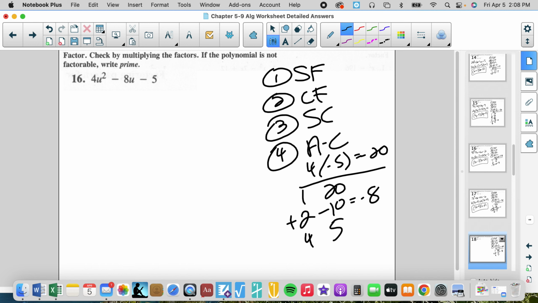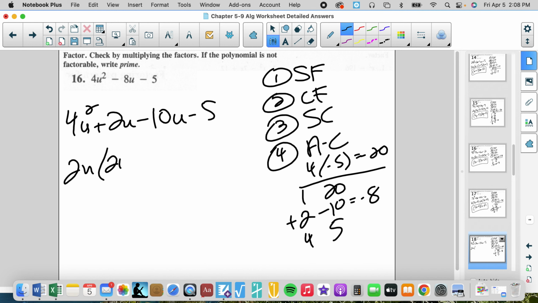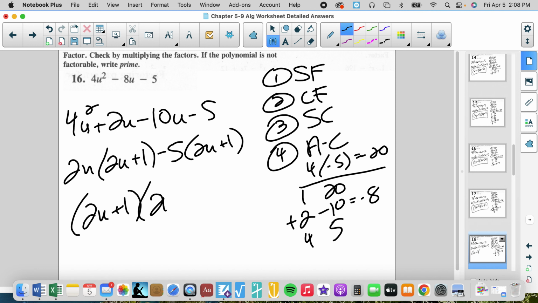Gives me negative 8. 4u squared plus 2u minus 10u minus 5. Factor out a 2u. You get 2u plus 1. Factor out a negative 5. You get 2u plus 1. 2u plus 1 times the quantity 2u minus 5.